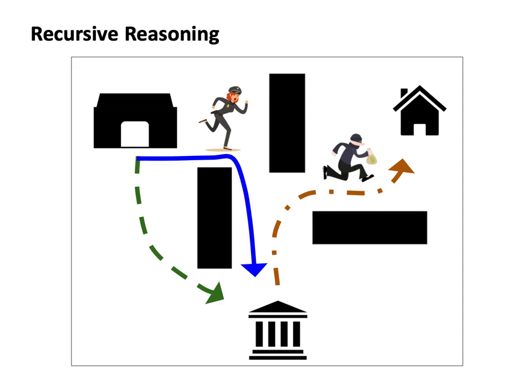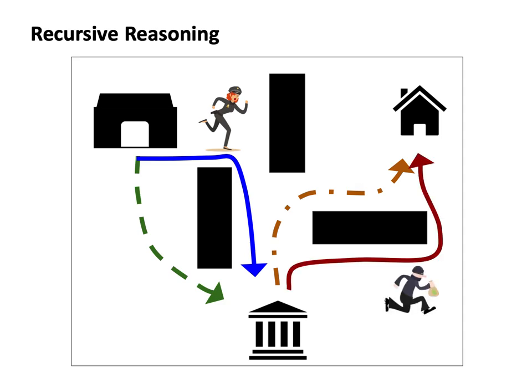Now, let's turn this around and ask, how can the robber use similar logic to perform the same kind of nested reasoning? If the robber were to answer his own question of what she would do if he were to run straight home, then he could adapt as well and decide that his plan would be choosing another path, perhaps one further away, less visible, or with less traffic.